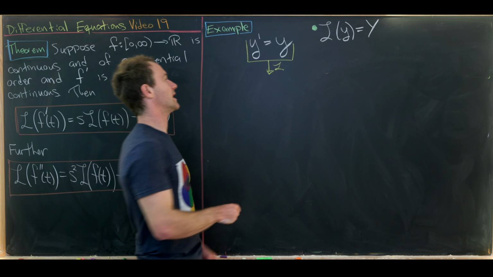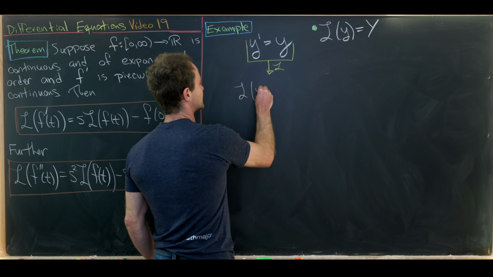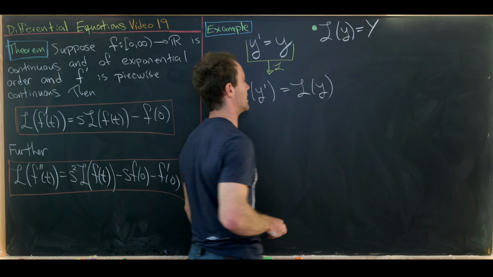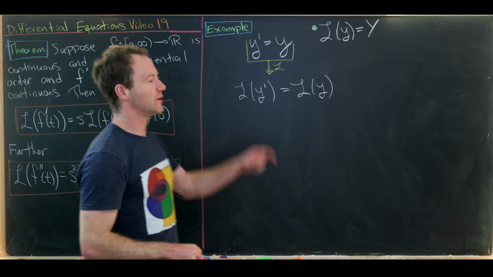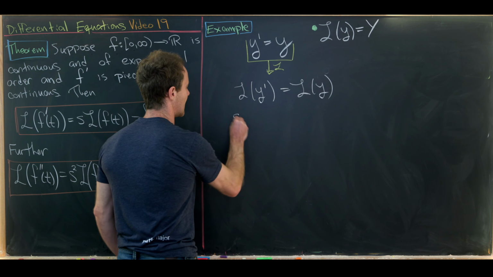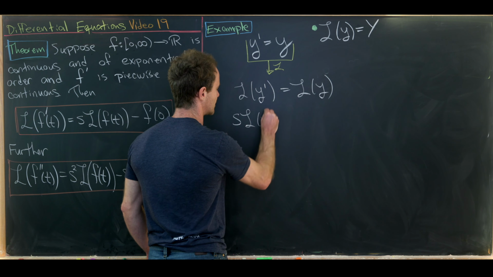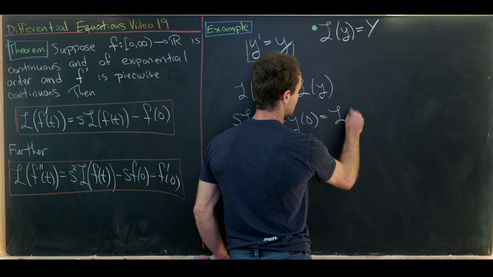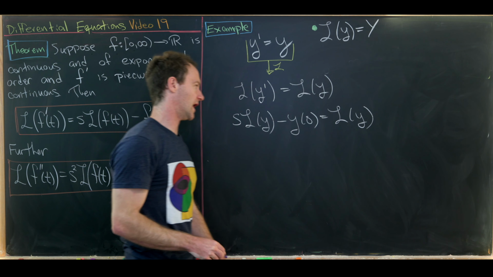Okay, so anyway, we need the Laplace transform of y prime is now equal to the Laplace transform of y. But now we can apply this rule over here, and what we'll end up with is s times the Laplace transform of y minus y evaluated at 0 equals the Laplace transform of y.